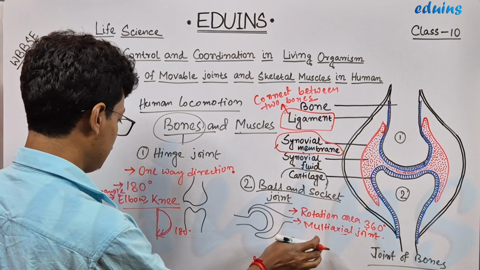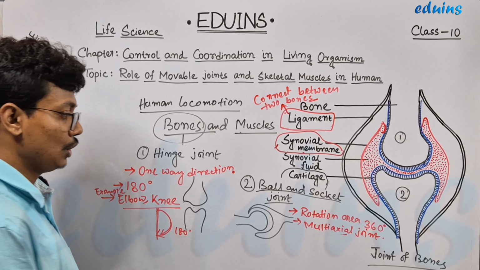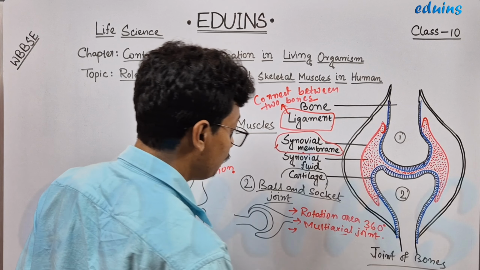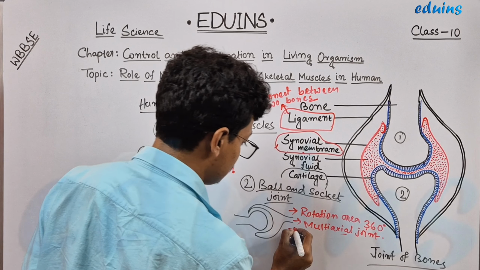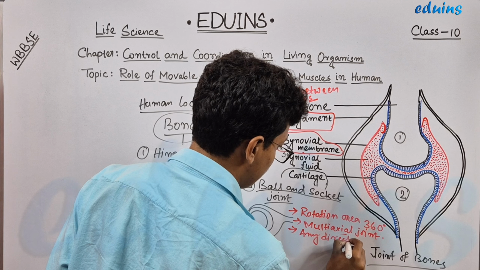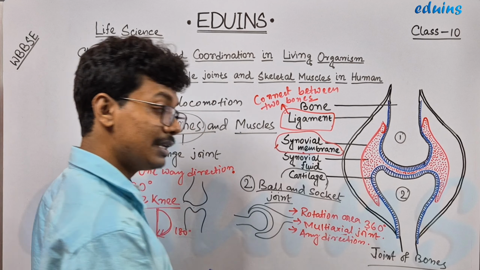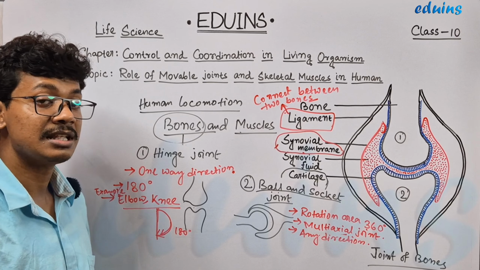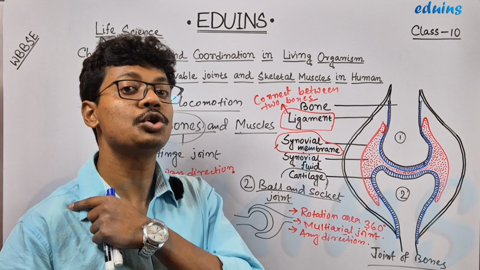So this can be moved any direction. What is the example? Example is our hand, that is shoulder.